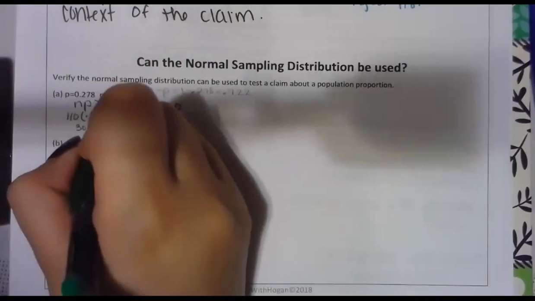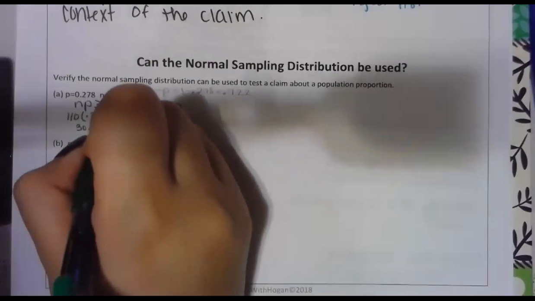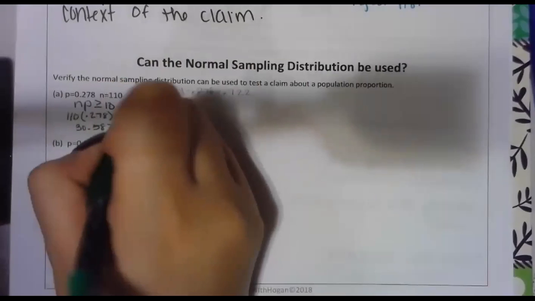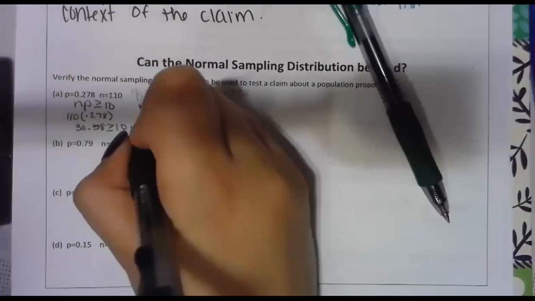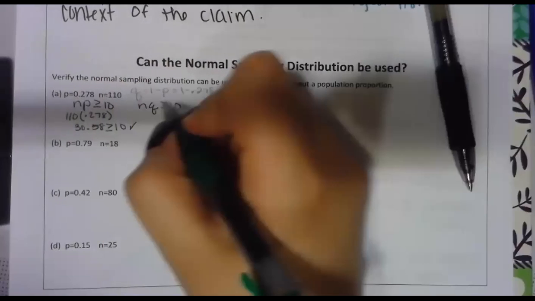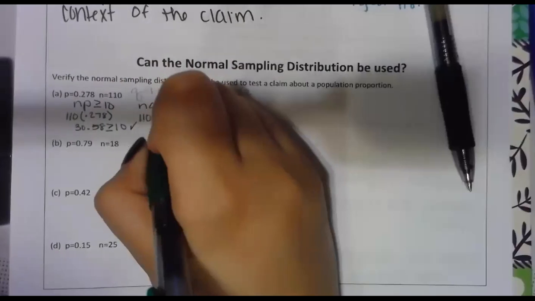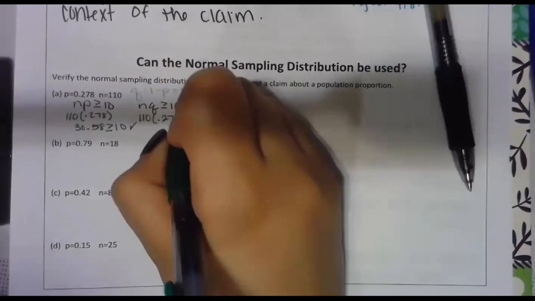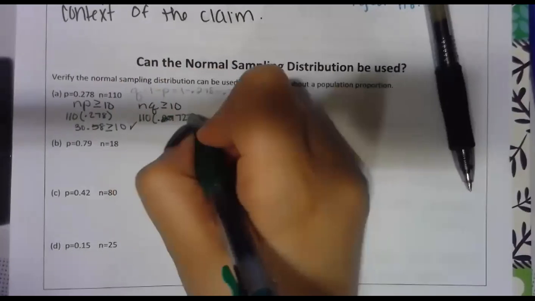This is actually going to give you 30.58, which is greater than or equal to 10. So we're good right there. If you need to check the other side, you do it again, 110 times 0.722. You want your q this time.